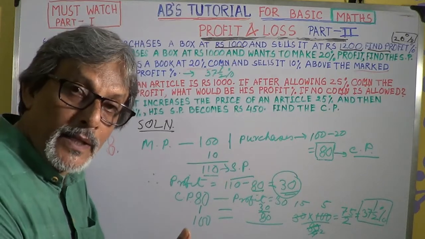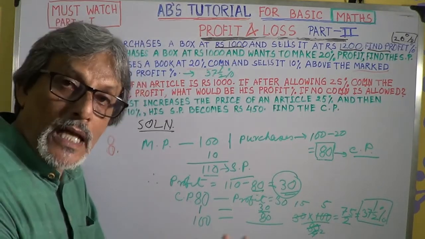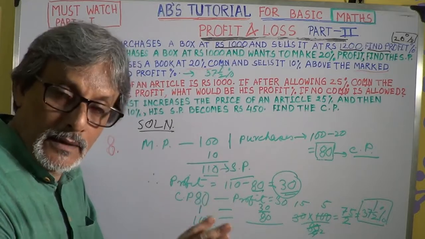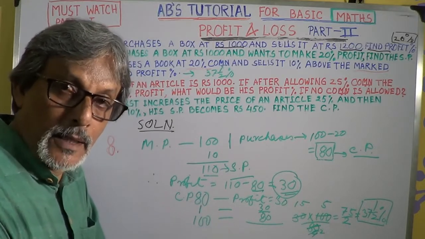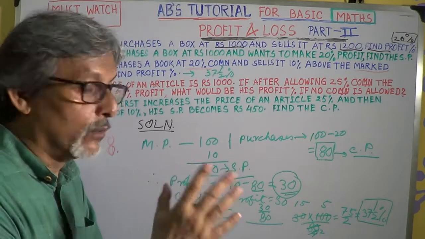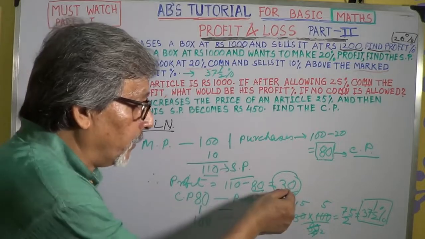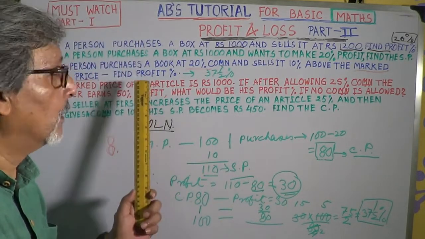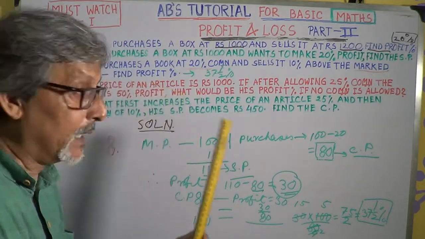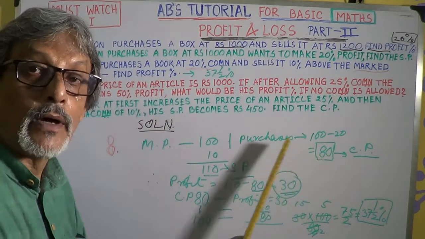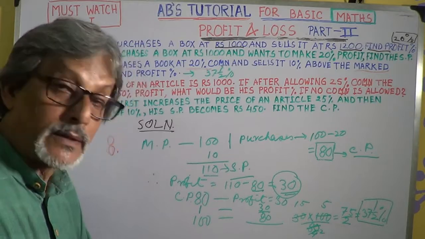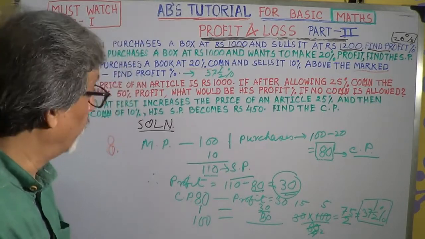This SP generally is always above the cost price. So when we deduct SP minus CP, we get profit amount, and if they ask me to find out the profit percentage, then we should find out this on the CP of that person who has purchased the good. Okay, thank you very much.